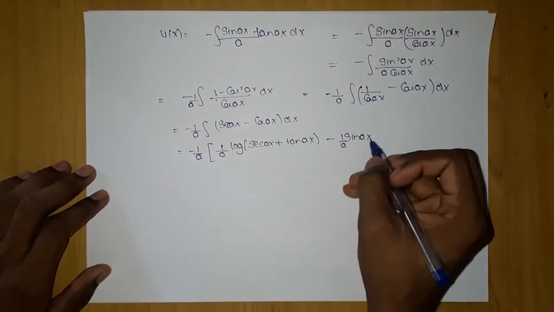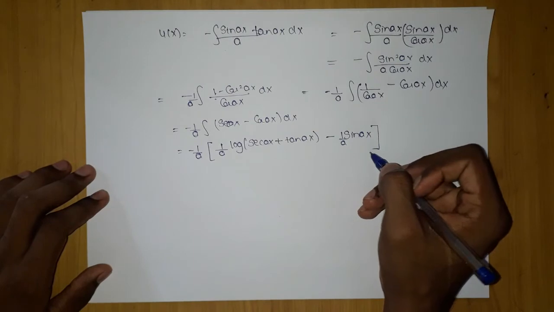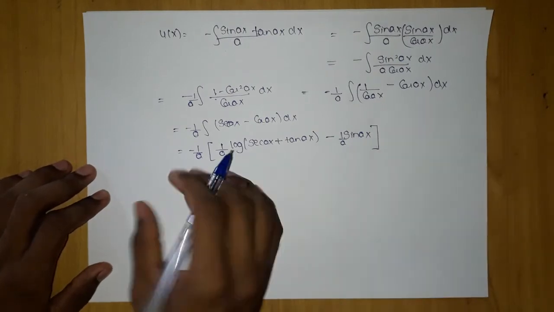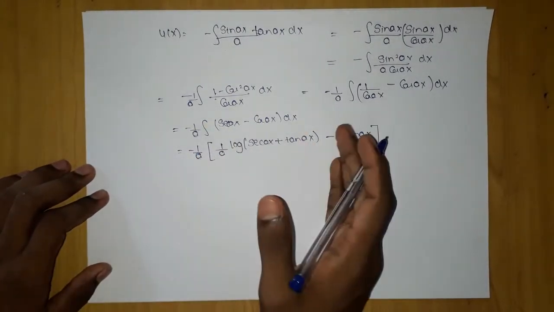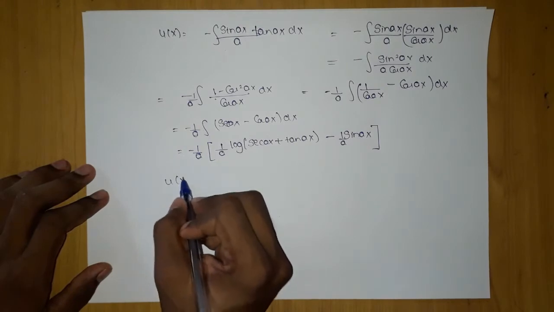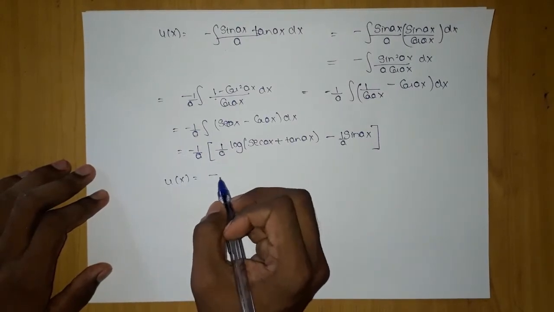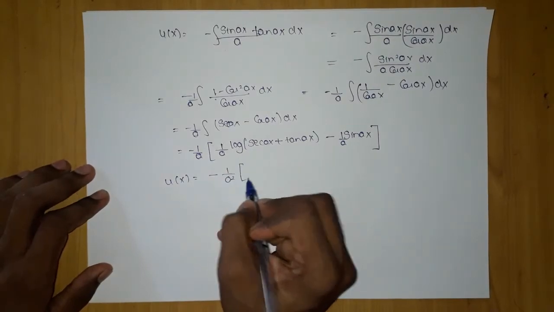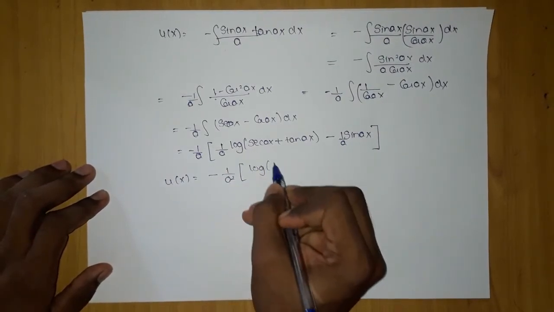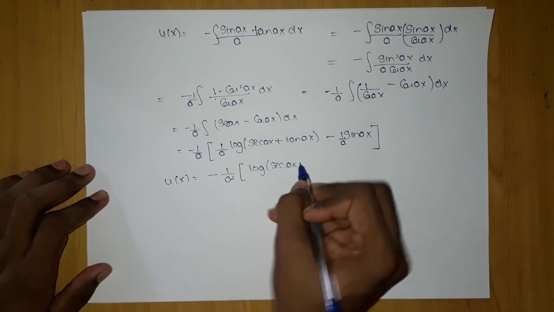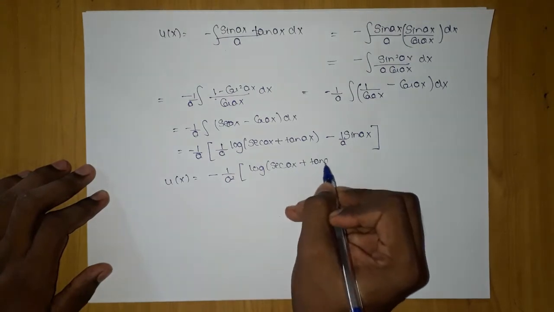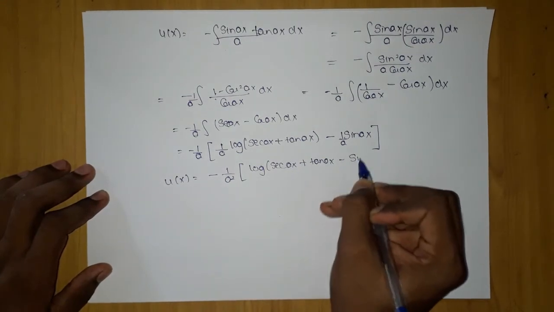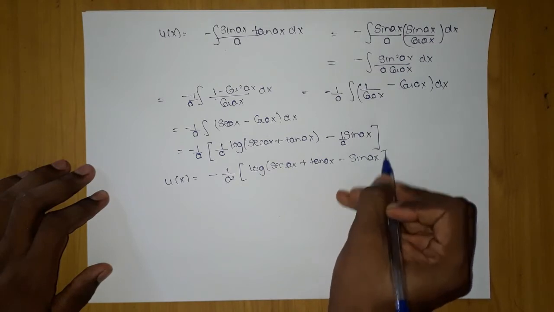This integration is separate and this integration is separate. Now we multiply inside, or take the a outside, which is better. So 1 by a, square bracket, log of sec ax plus tan ax minus sin ax, is our required u of x.